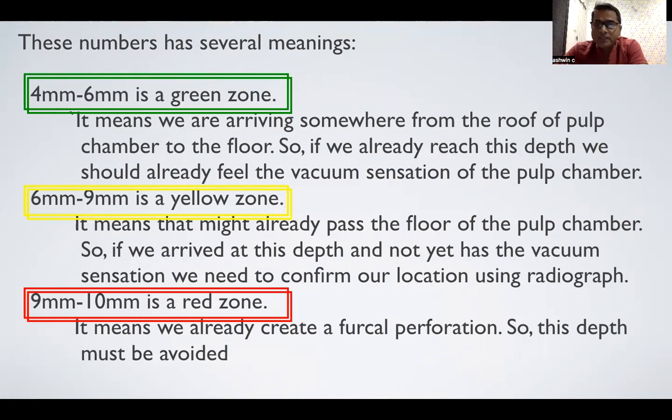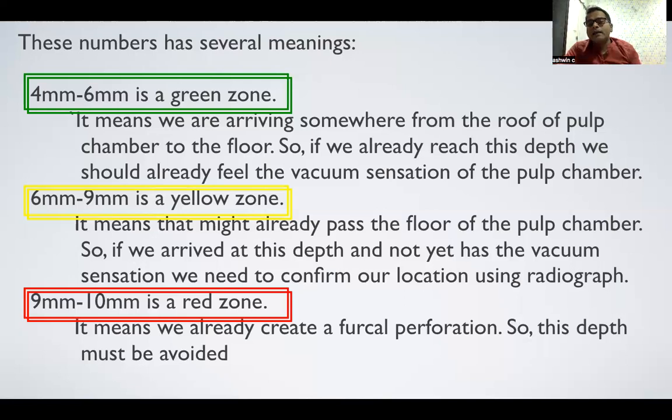Yellow zone means caution. You might already have passed the floor of the pulp chamber. If you arrived at this depth and still have no vacuum sensation, we need to confirm our location using a radiograph. Understand? And then 9 to 10 mm is the red zone. Absolutely stop. That means you are already in the furcation or already perforated.